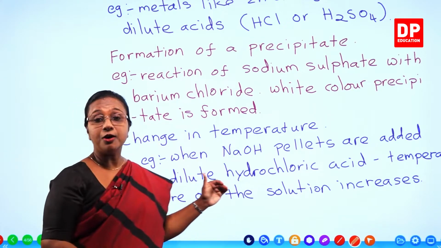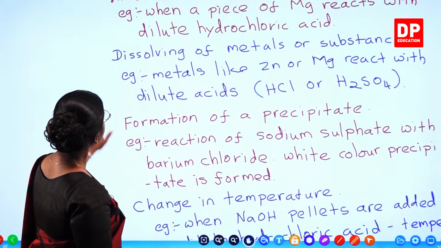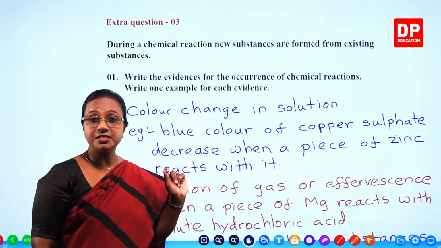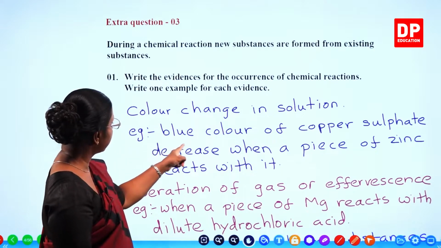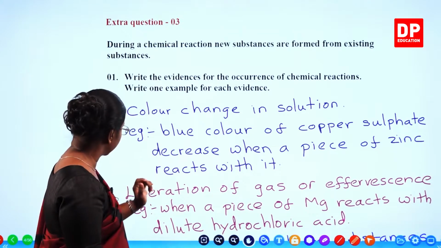So we have written down many changes. So here you can see, if we go back to check whether I have written everything, color change in solution. For that we took the example as blue color of copper sulfate decreases when a piece of zinc reacts with it.